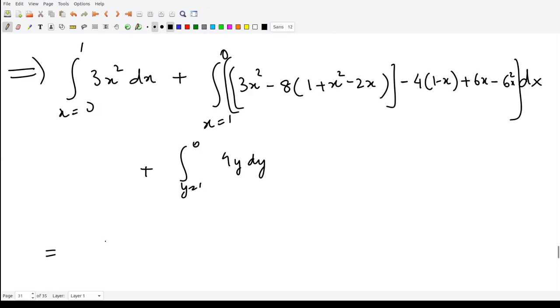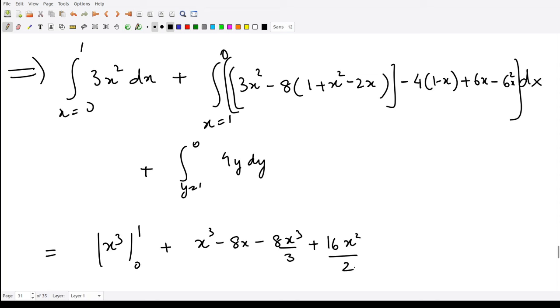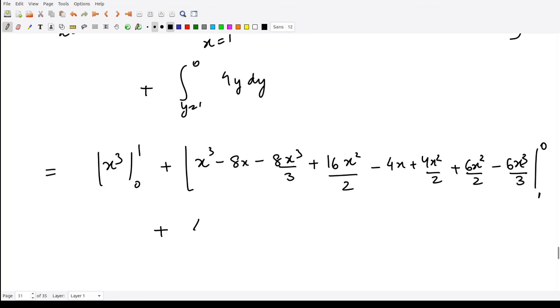When you solve this, it would be x cube as x varies from 0 to 1, and then the second term would be x cube minus 8x cube by 3 plus 16x square by 2 minus 4x plus 4x square by 2 plus 6x square by 2 minus 6x cube by 3, right? And the limits here vary from 1 to 0, and the last term is 4y square by 2, and the limits here vary from 1 to 0.